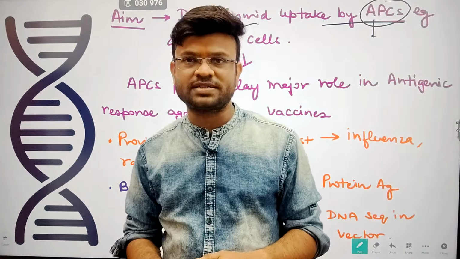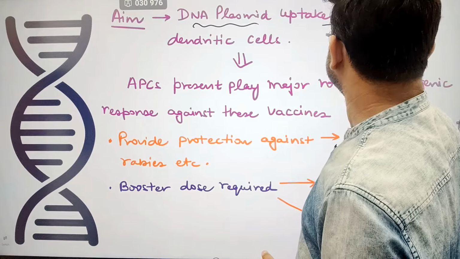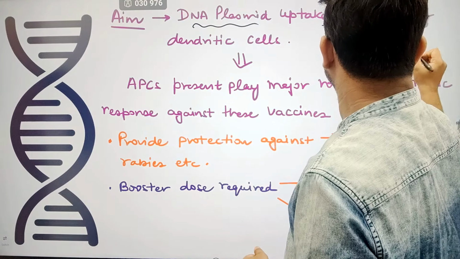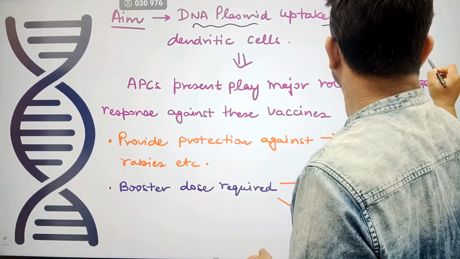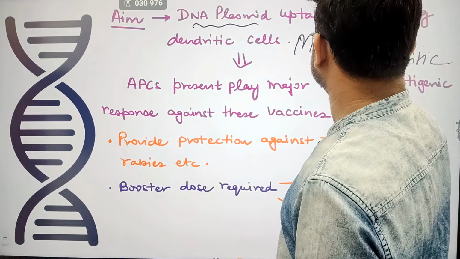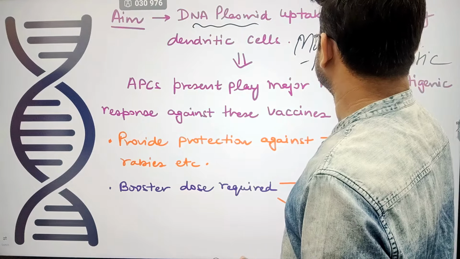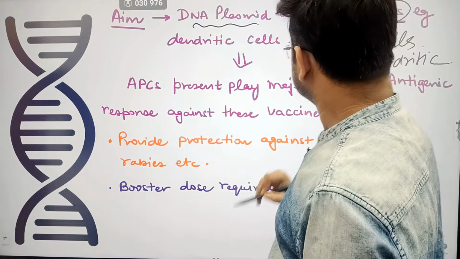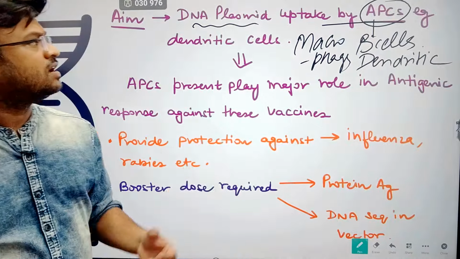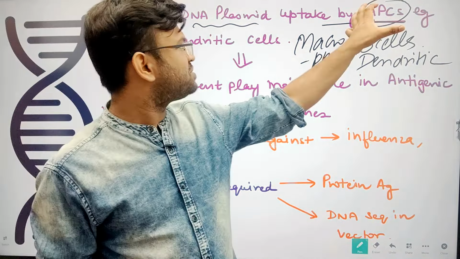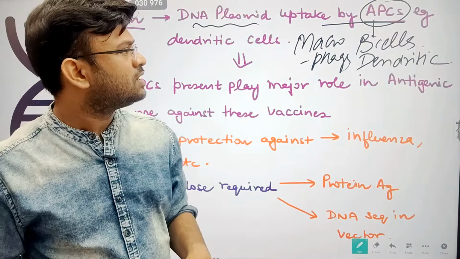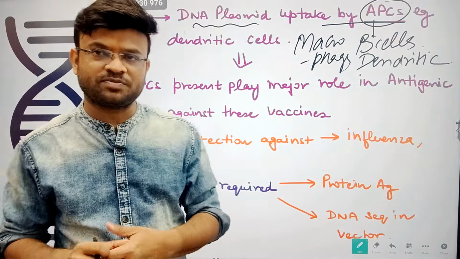They can be, for example, B cells, dendritic cells, macrophages. So these are the antigen presenting cells. My aim is that antigen presenting cells somehow take up the DNA plasmid, right?